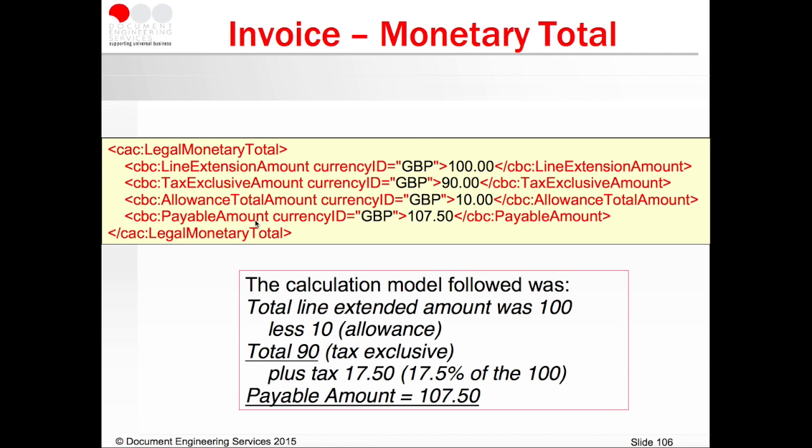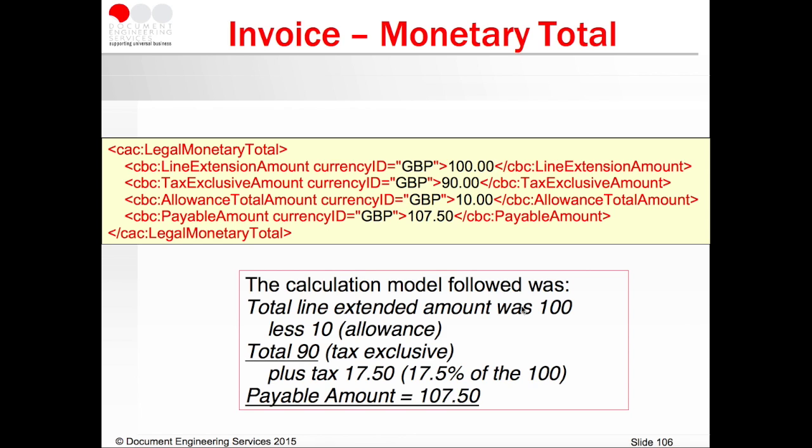Finally, the invoice would have the legal monetary total, so the line extension amount, which is net of any allowances and charges, the tax exclusive amount, any allowances applicable, and the total amount payable. And you'll see from these pieces of information, there is what's called the calculation model that goes into how we interpret these elements in a way that we can understand how we derived the payable amount.